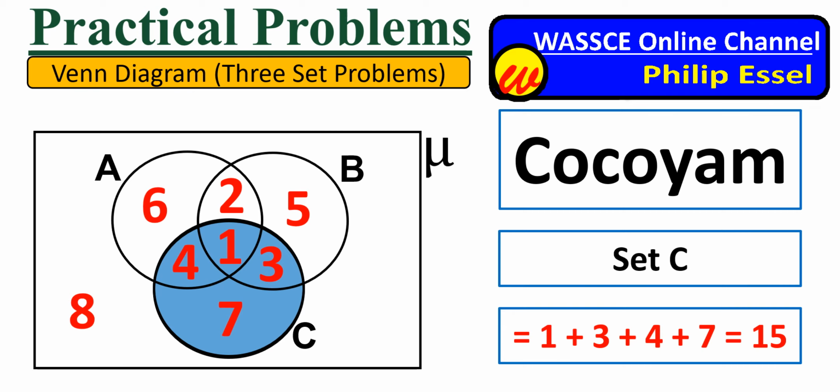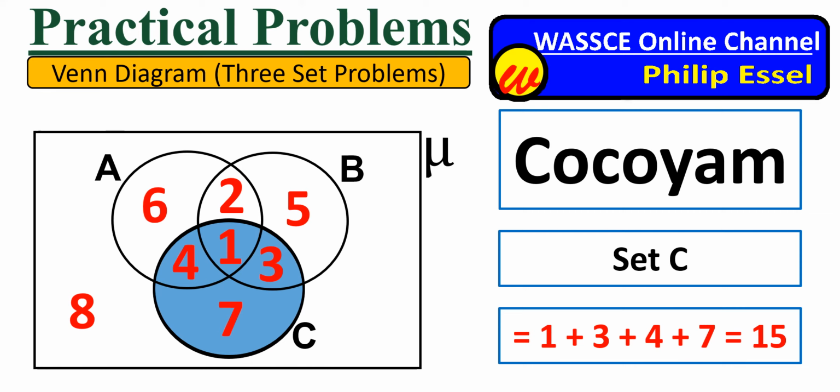Again, from the number of people that eat cocoyam, some of them eat cocoyam alone, those in group 7, or those who are 7 in number. These 7 people eat only cocoyam. Apart from cocoyam, they do not eat any other thing. Those who are 4 in number, they are eating cocoyam alright, but in addition to cocoyam, they eat apples.